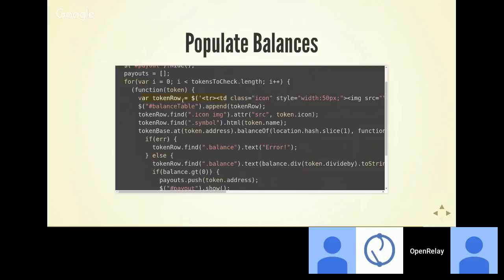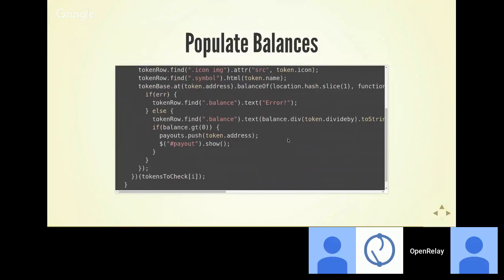We create the row here, we inject it into the table here. We find the icon element and set its source attribute equal to the icon for this particular token. We find its symbol element and set its content equal to the token name.